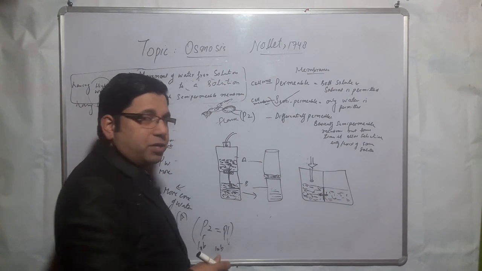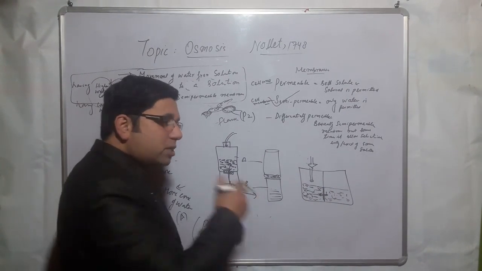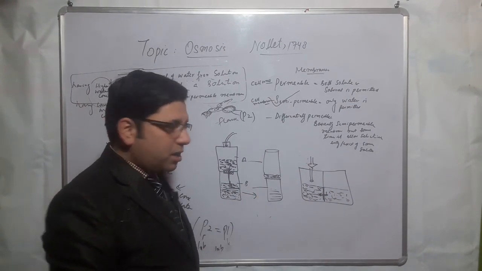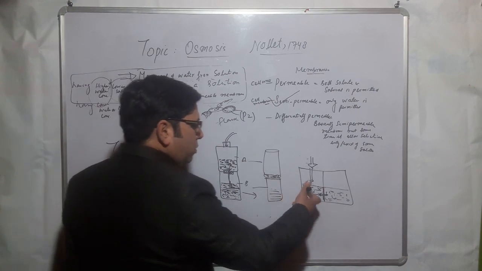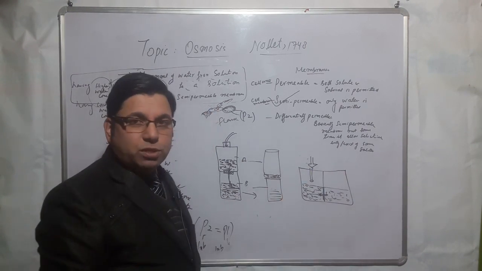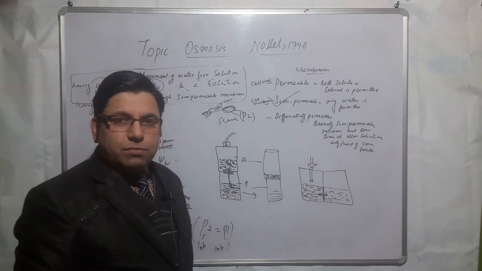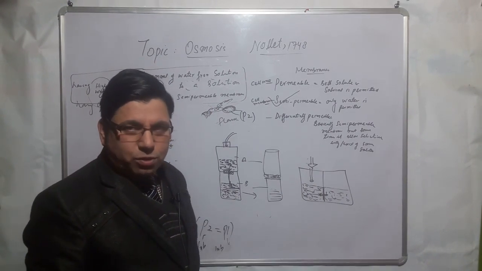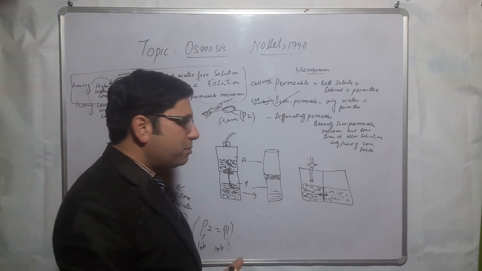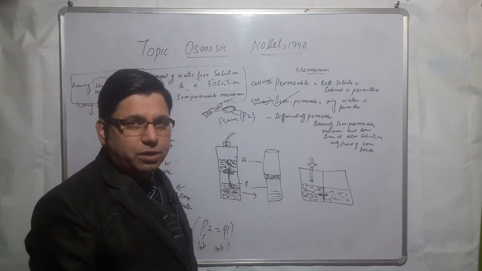But we are applying pressure. We are doing the reverse of osmosis. We are making this water go back towards the pure solvent and leaving behind the solute. This is opposite to that of osmosis, and this happened because of external pressure.